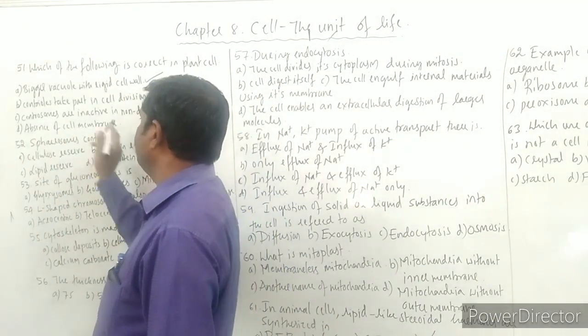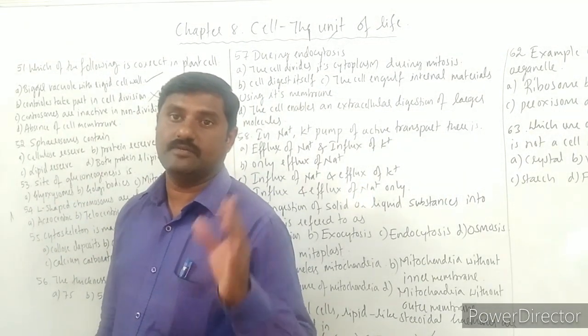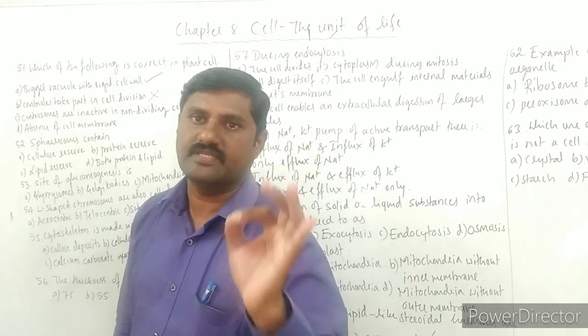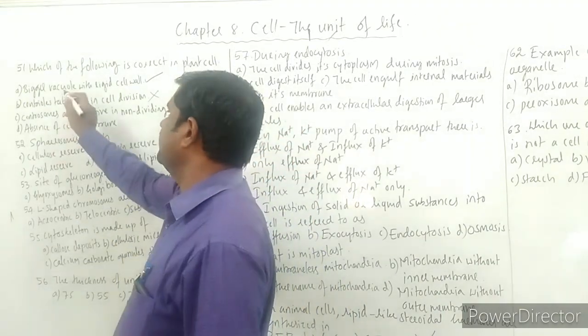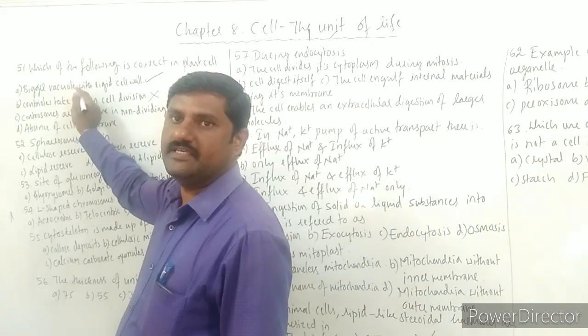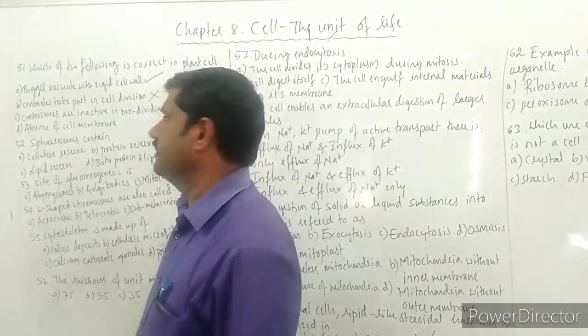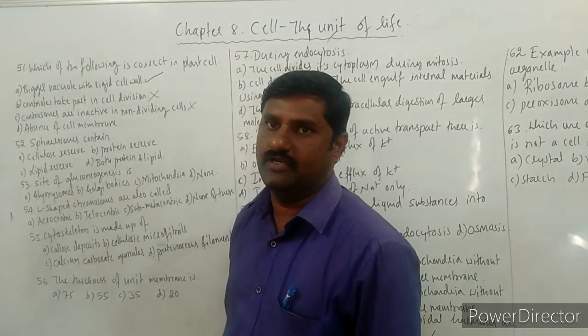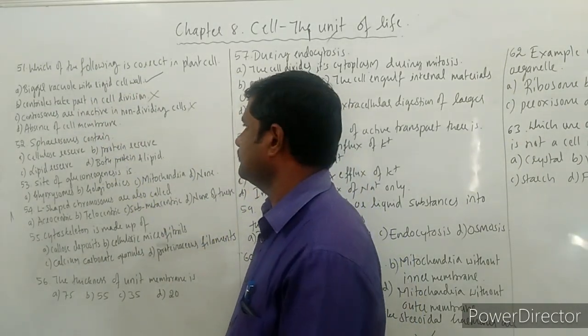Absence of cell membrane? Of course, in a plant cell the cell membrane is compulsorily present. That's why the first statement itself is the correct one: bigger vacuole with rigid cell wall.